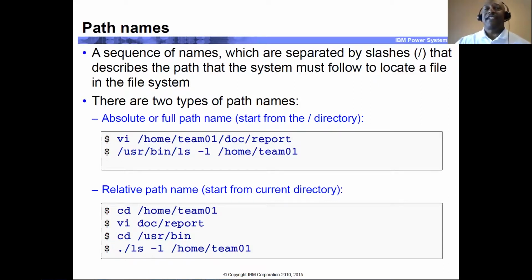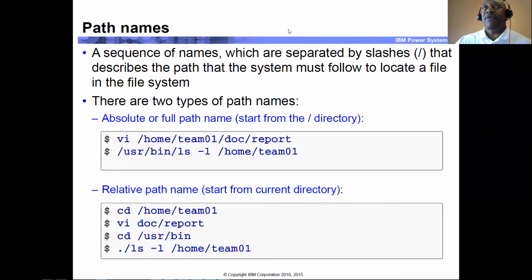Or cd, change directory, to /usr/bin. And then the dot, as we'll see later, always represents the current directory. So issue the ls -l command from the current directory. Notice the parallel here, okay? Using full versus relative path.